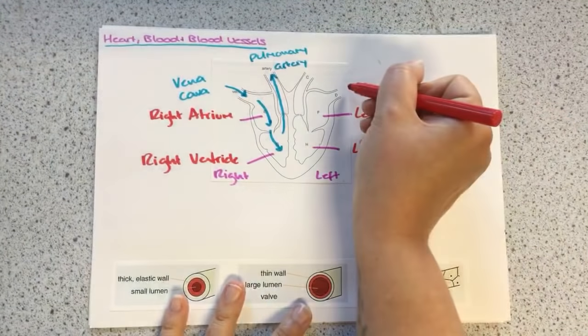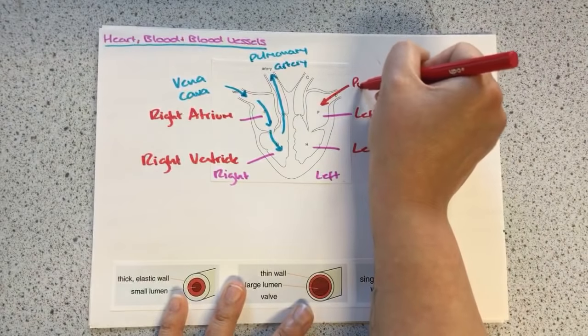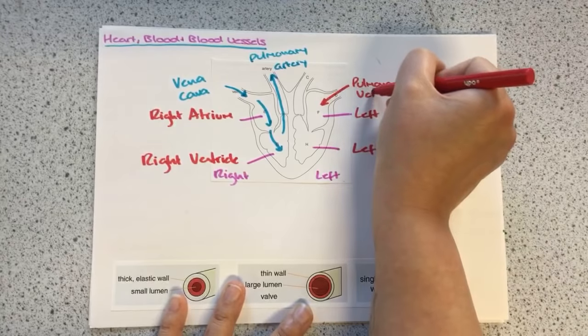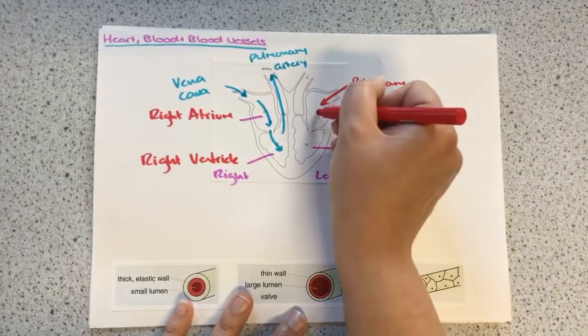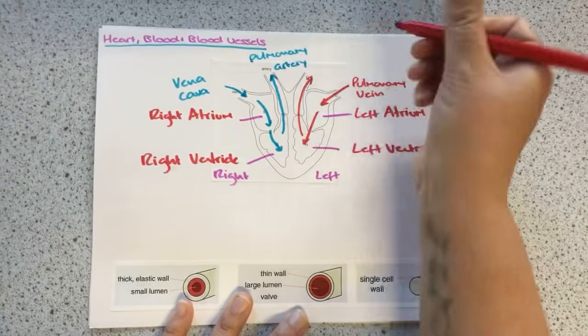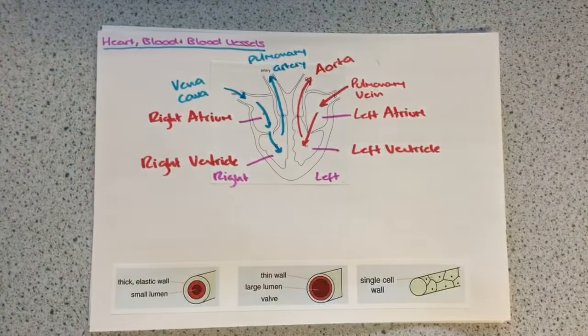It then enters the heart from the lungs, where it picks up oxygen, through the pulmonary vein, enters the left atrium, into the left ventricle, then up and out of the heart through the aorta. They're the different parts of the heart, and that's the pathway of blood going through the heart.